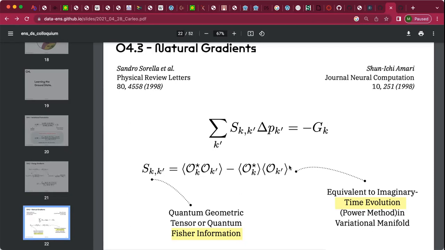Another way of doing that is something called the Fisher information, which is going to give us the second derivative of the expectation value of the energy in an approximative way. The inverse of this quantity can be used to replace the learning rate. And this has been very, very successful. The basis for that is a paper by Sandro Sorella in Physical Review Letters back in '98.